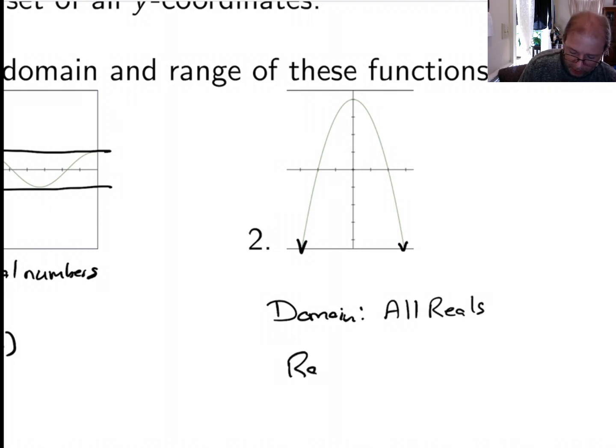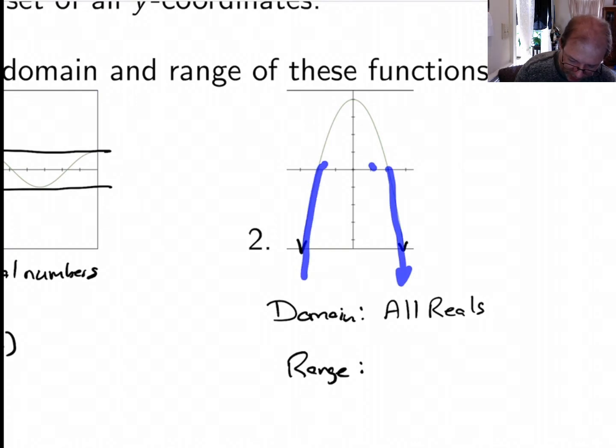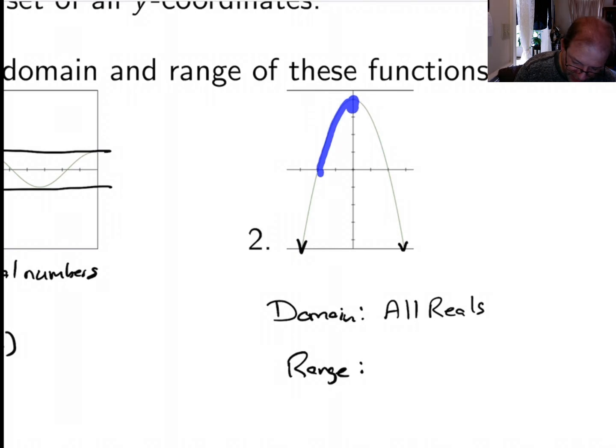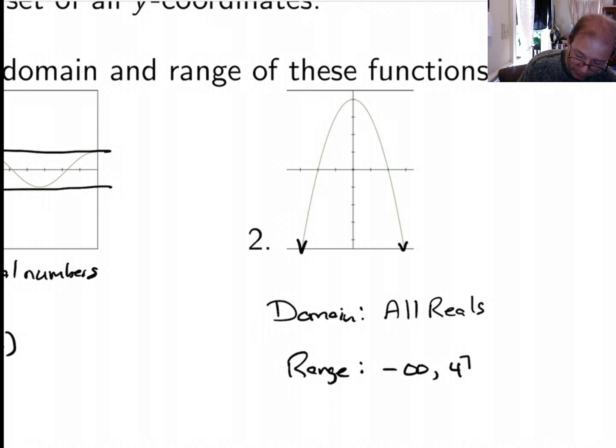Its range, if you look at all the different y values that it takes on, well, it goes down forever. So it takes on everything down there. But the biggest y value it ever takes on is up here at the vertex. Now let's see, what is that? 1, 2, 3, 4. So the range is going to be everything from negative infinity up to and including 4.